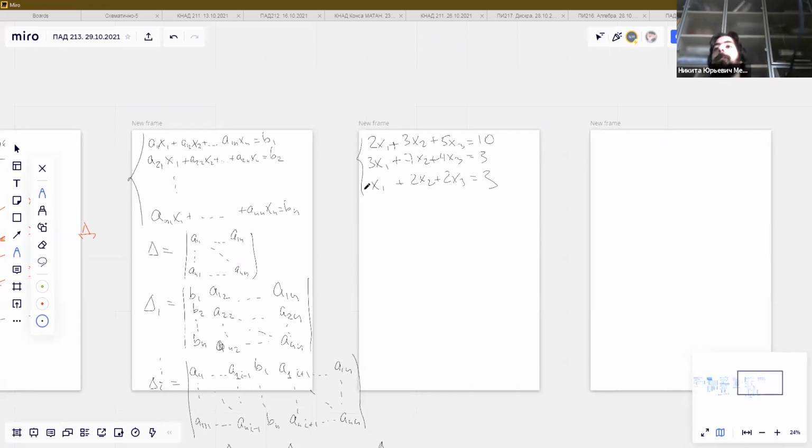Like this. So here is a system of 3 equations with 3 variables. So the prerequisites are fine. We can use Cramer's rule. So we have to find 4 determinants: delta, delta 1, delta 2, and delta 3. Let's start with delta because it is important whether it is 0 or not. If it is 0, we may stop at this point. The rule won't work.